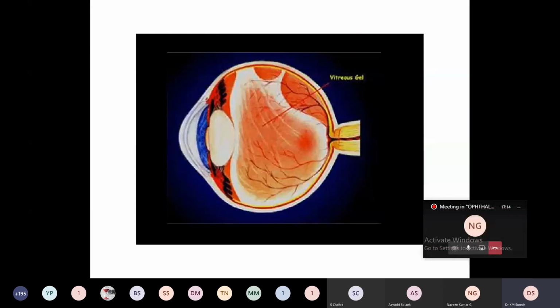This is the diagrammatic representation of how the posterior vitreous detachment initially starts. This diagram shows posterior vitreous detachment in the superior part. Later on, it can get detached in the lower part also to form total posterior vitreous detachment.